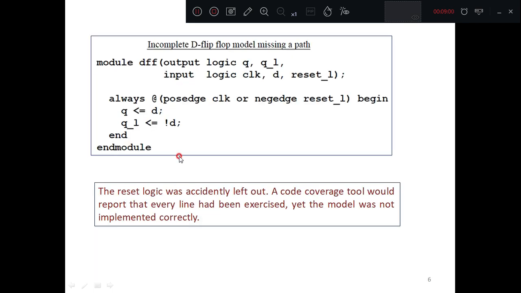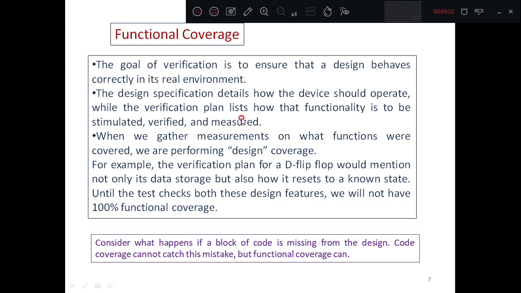For the functional coverage tool, both the passage of the clock and the reset are to be verified. If both are verified, only then is 100% functional coverage achieved. Till both are executed and verified, functional coverage will not be equal to 100%.